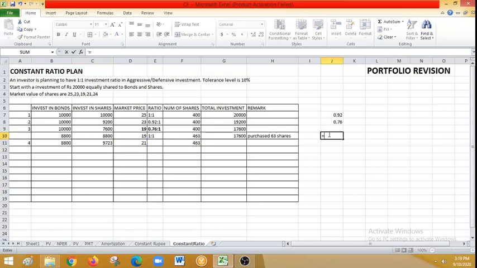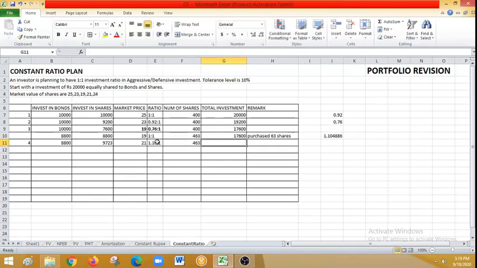Okay, so 9,723 divided by how much is in bonds now? 8,800. So what is the ratio now? 1.10. Okay, 1.10 is to 1.